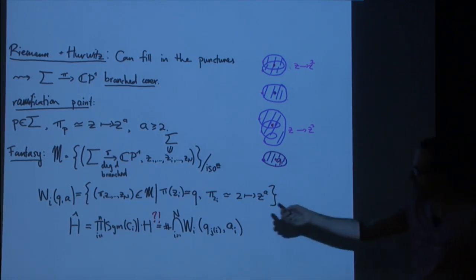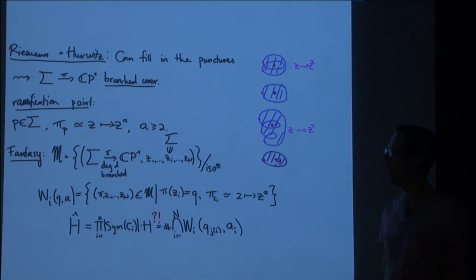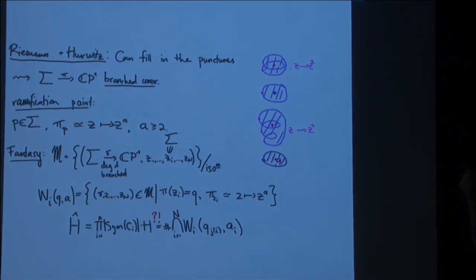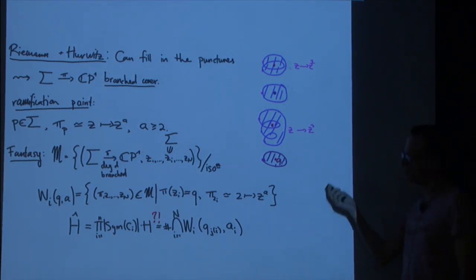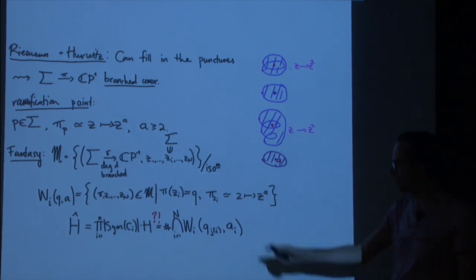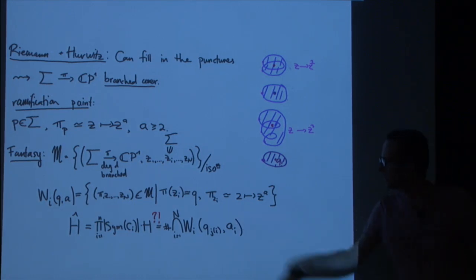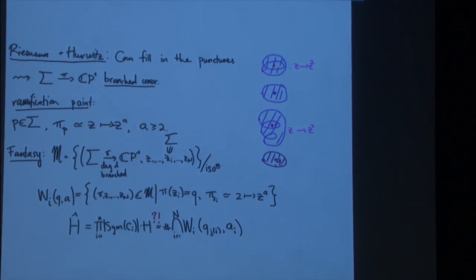And maybe also the subspaces, which I denote W_i(Q, a), where I require the ith marked point to map to Q, some point in the base, and the germ to be isomorphic to this map, z maps to z^a. Maybe these subspaces are nice subspaces. And then it's natural to conjecture that the Hurwitz number, up to some easy combinatorial factor, is just equal to the intersection number of these subspaces.